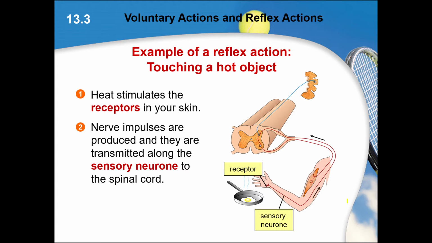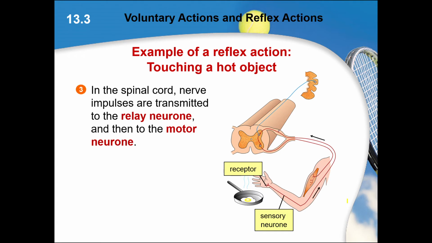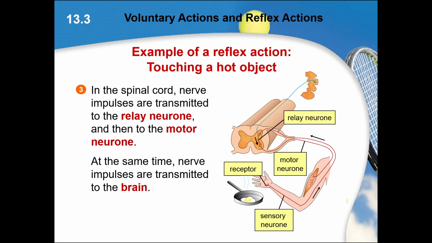In the spinal cord, nerve impulses are transmitted to the relay neuron, which is what you have learned earlier. The relay neuron then relays the nerve impulse to the motor neuron. At the same time, nerve impulses are transmitted to the brain, but you need to take note that the brain has no part to play in the reflex arc. The brain does not decide whether or not to carry out the action.